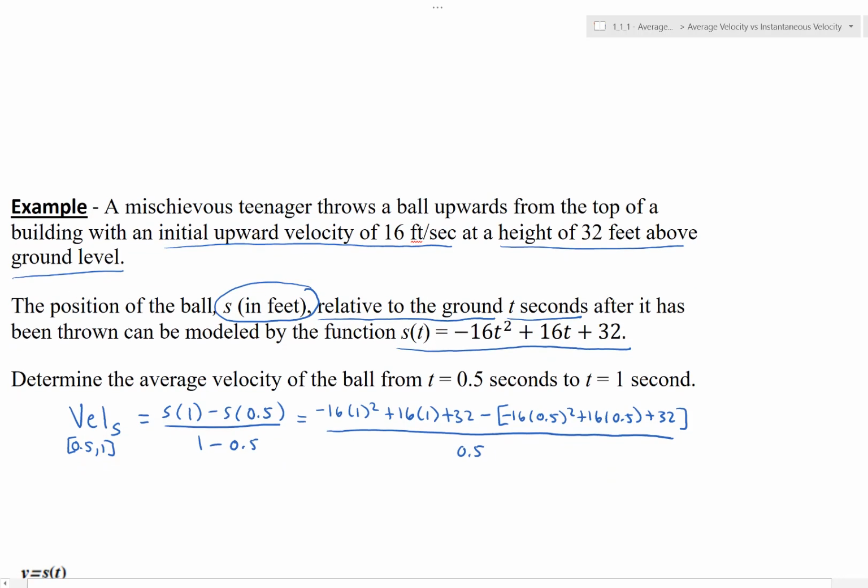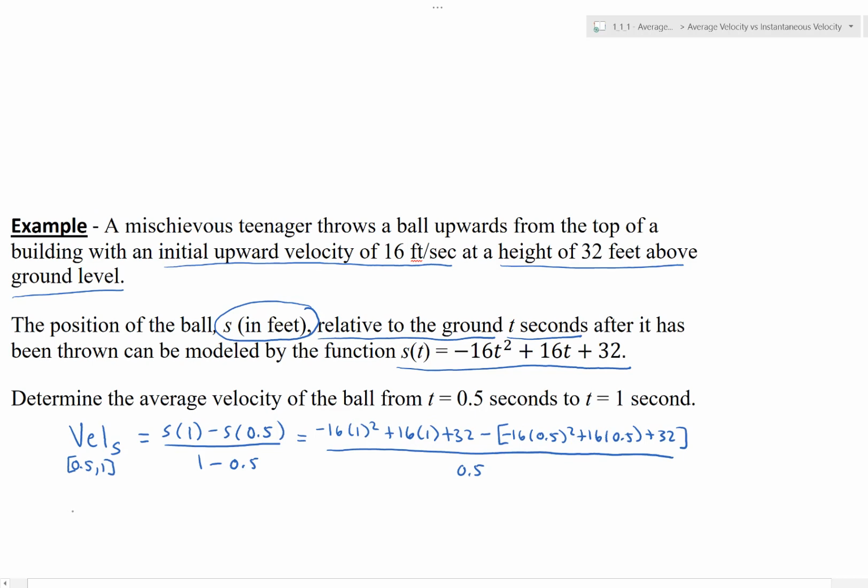Now, if you do the calculations, it ends up that s of 0.5 is equal to 36 and s of 1 is equal to 32. So you plug it in. This is 32 minus 36 over 0.5. That's negative 4 divided by a half, which is negative 8.